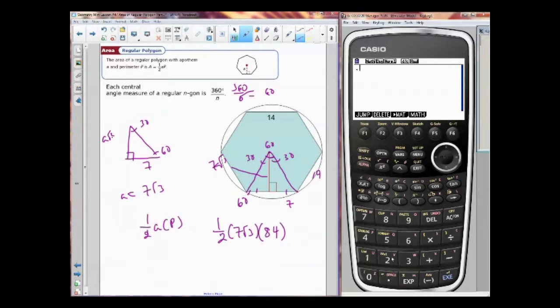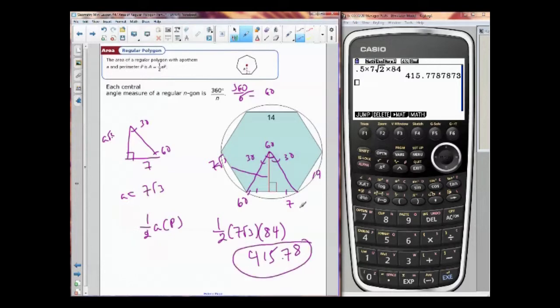I'm going to use 0.5 times 7 radical 3. If I'm doing approximate, I could put this into a decimal, and then times 84. That'll give me my area: 415.78. Sounds good to me. Let me write that down for you: 415.78. I rounded to the nearest hundredth.